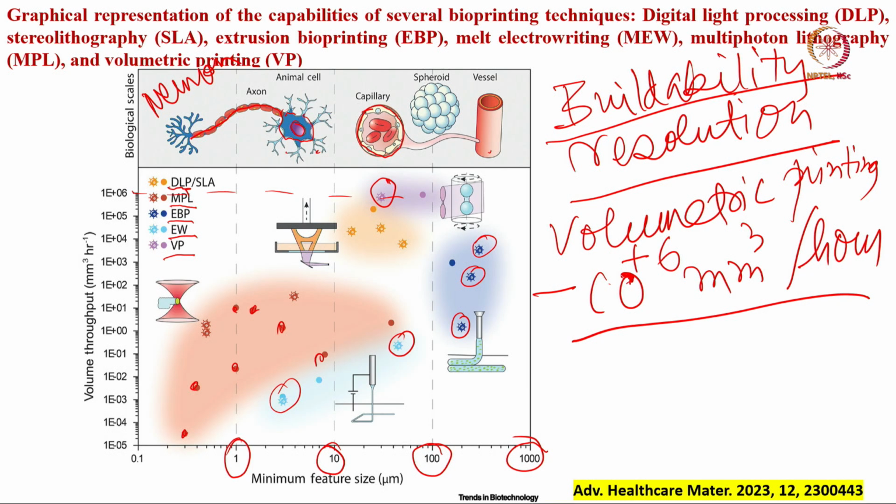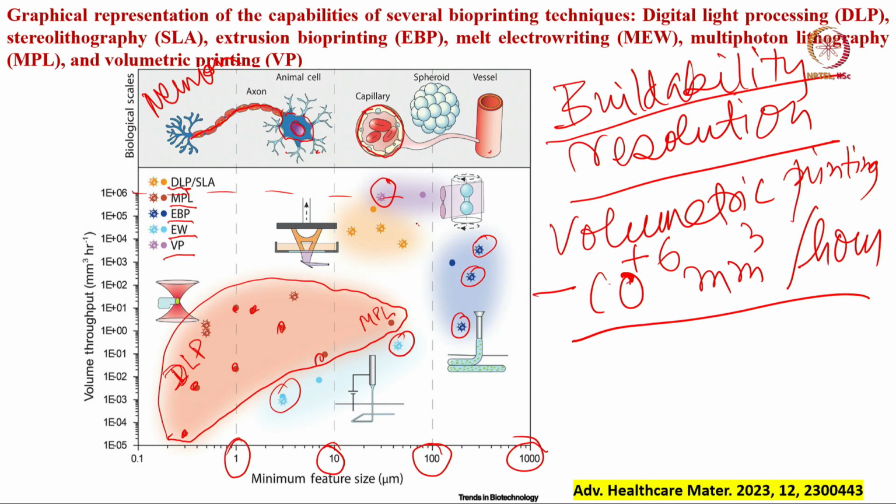What you normally notice is that this ideal situation encompasses DLP, digital light processing, primarily, and also to some extent MPL, multi-photon lithography. This is one group of data points.